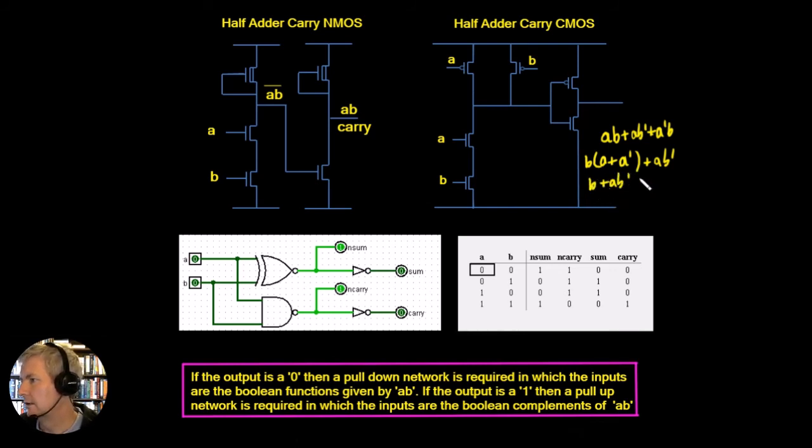Now this thing here is nothing other than A ORed with B. Just to check that out, you could always put in the values for the truth table for A and B and B not, and then work this out, and you'll see that this is just the same as A ORed with B. And that's like what we have up the top here. We've got our A ORed with the value of B.